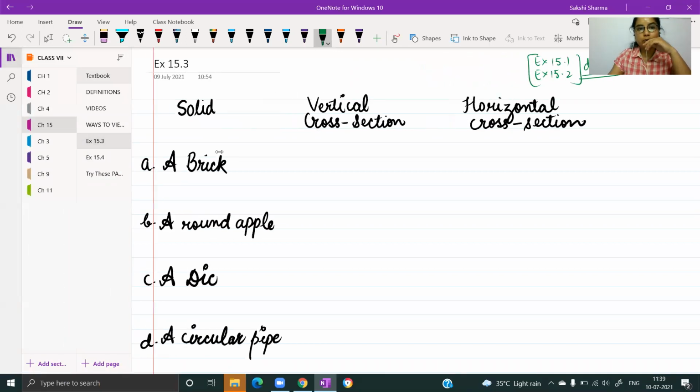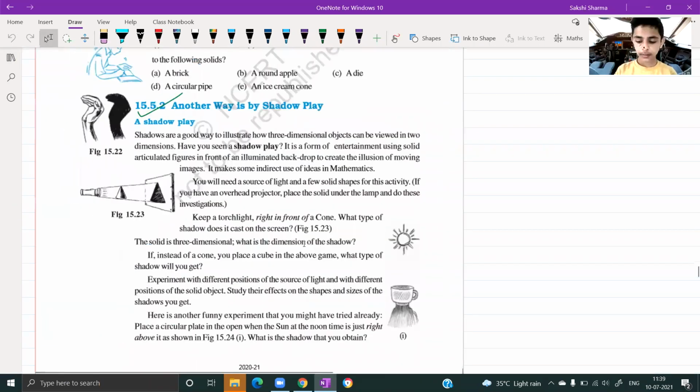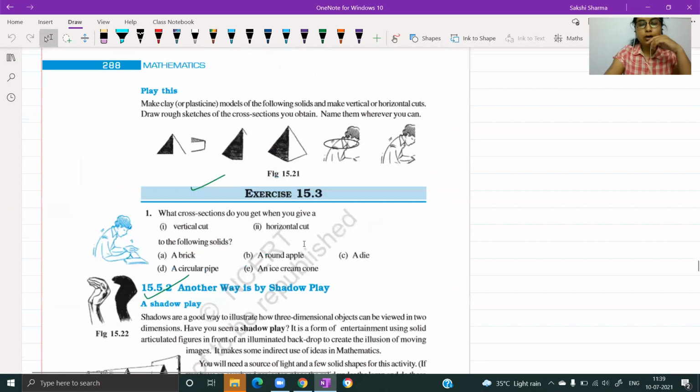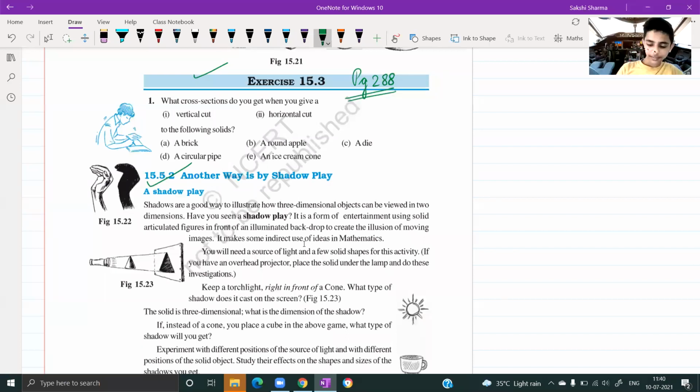You can note down the page number. This is 15.3, page number 288. Ma'am, which questions are to be done in this? There is only one question.